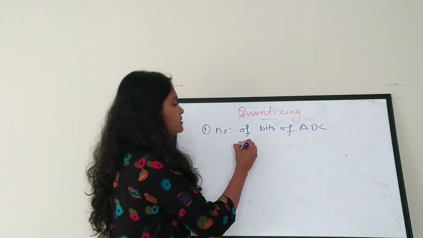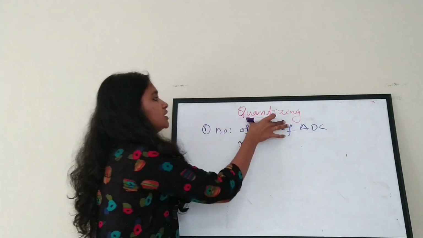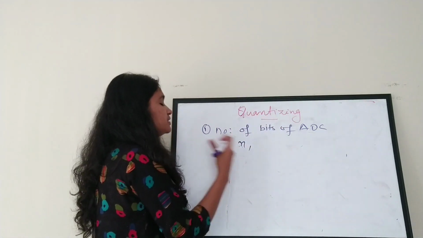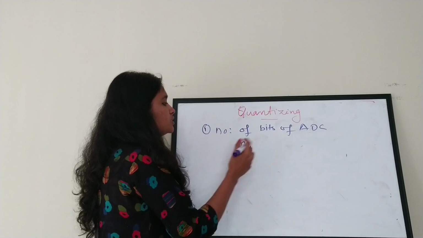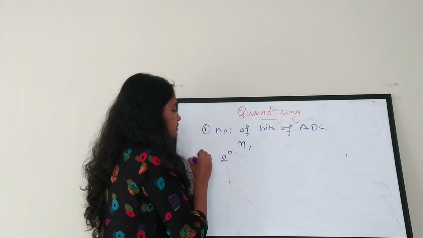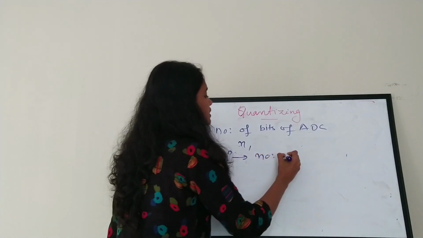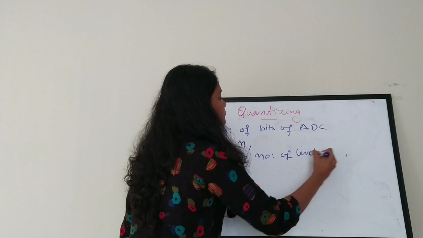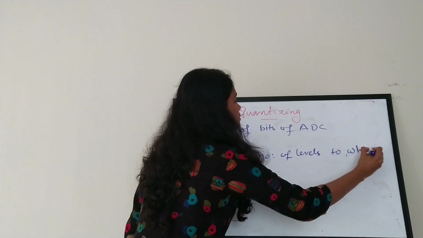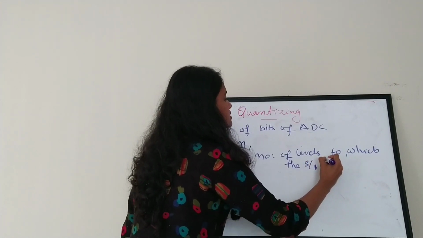If n is the number of bits of an ADC, then the signal is quantized to 2 raised to n levels. 2 raised to n represents the number of levels to which the signal is quantized.